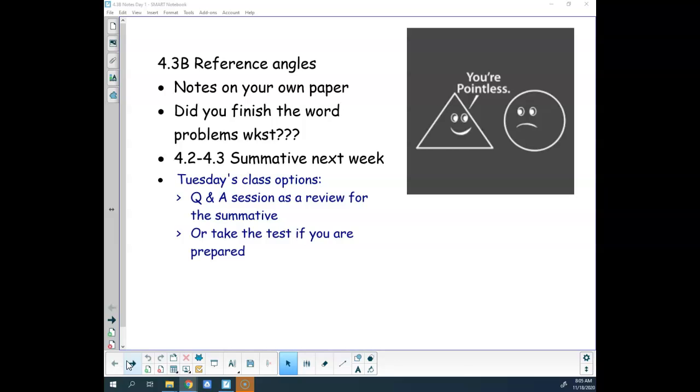The schedule for the rest of this unit is: today we're going to start 4.3b. Tomorrow we're going to pick up where we left off and finish off 4.3b. And then Friday and the weekend is review, working on the review packet and getting all the questions that you need answered, getting prepped for the summative.